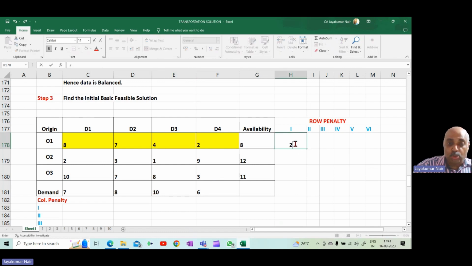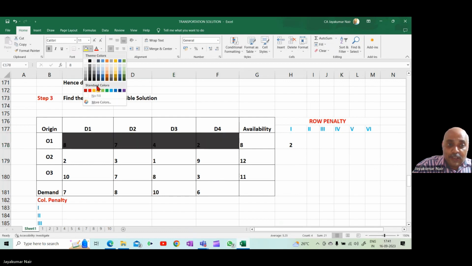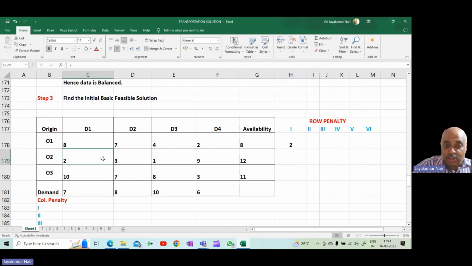I'll write it as 2 because 4 minus 2 is 2. Similarly, I will find out for the second row. This is the second row, 1 and 2. 1 is the least cost cell and the next least cost is 2. So the difference between the two is 1. And in the third row, 3 is the least cost cell and the next least cost is 7. So it is 4.